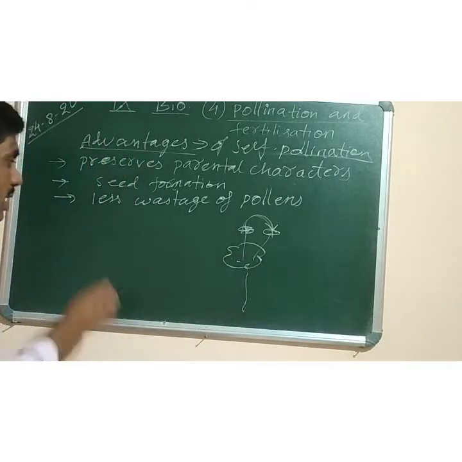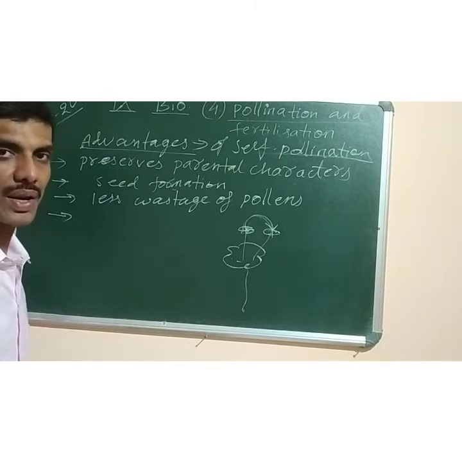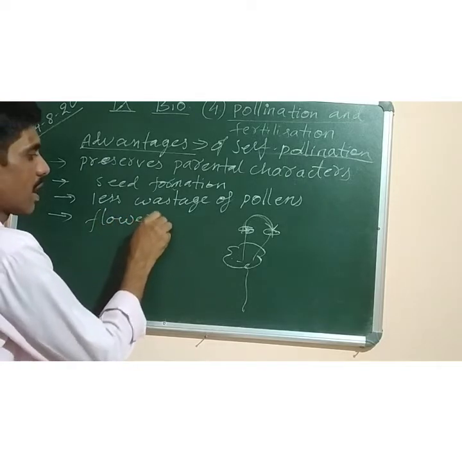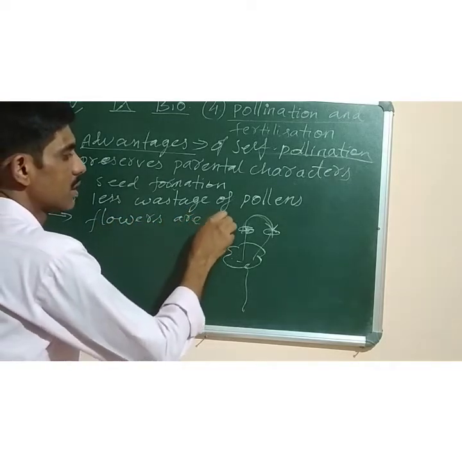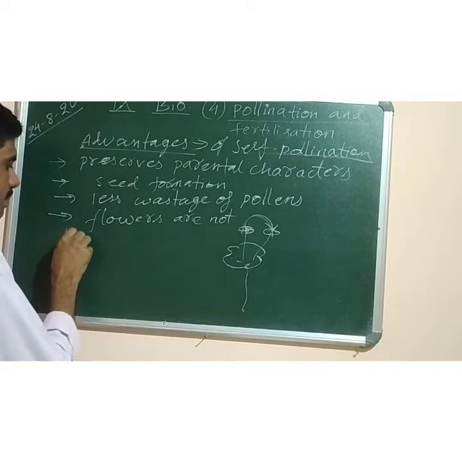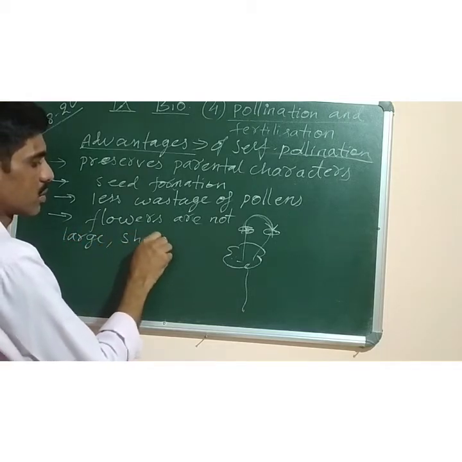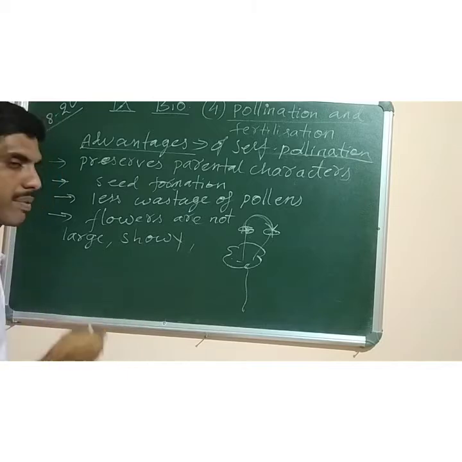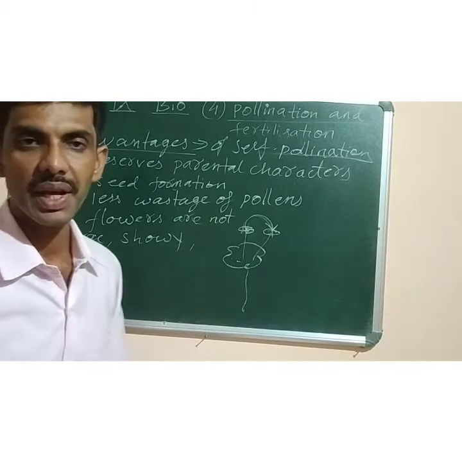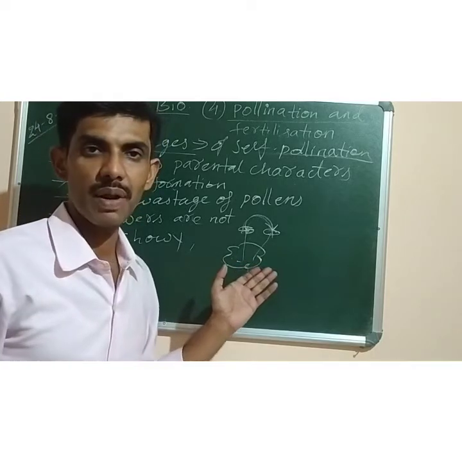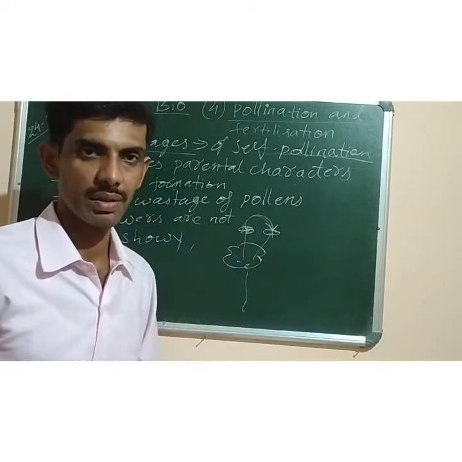And the last point that already I said, the flowers need not be large, showy, attractive and colorful. So flowers are not large, brightly colored, showy, attractive. They do not need to produce nectar because there are no insects going to visit these flowers for bringing about pollination. Okay?